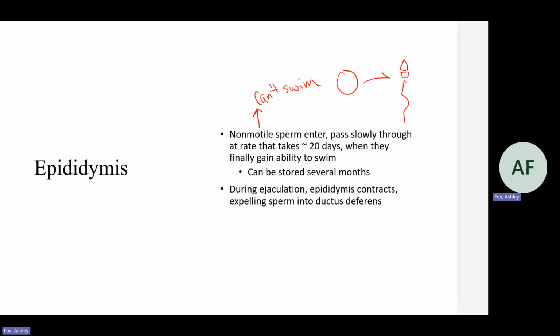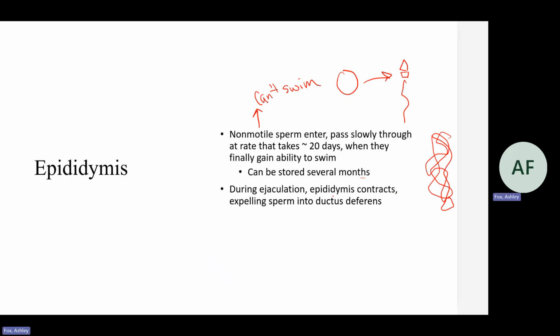It takes about 20 days from going from cell to actually sperm that we can see swim. They can actually be stored for several months in the epididymis. There's all of that surface area where maturation can happen, but also storage can happen as well.